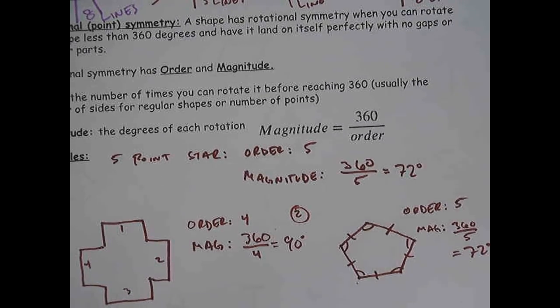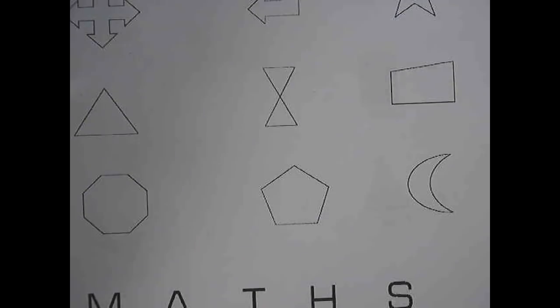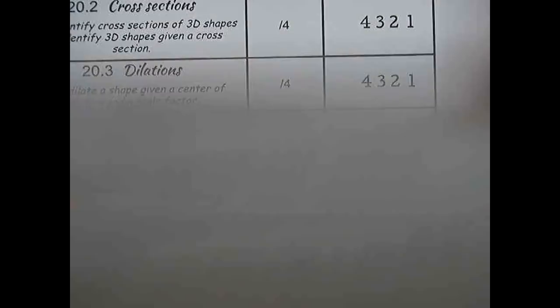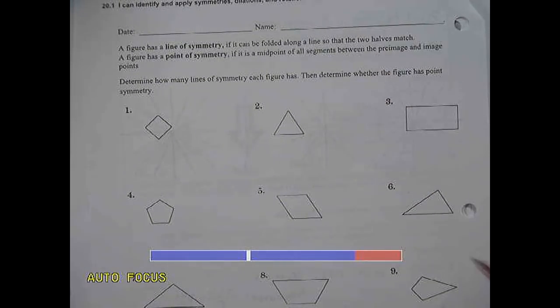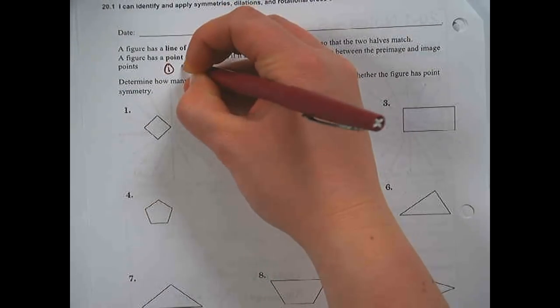Okay, so there's our explanation of our notes here for line symmetry and rotational or point symmetry. Your homework for tonight is going to be to do the next 2 pages. You've got 20.1 here. On each of these, you're going to draw all the line symmetry on each of these shapes.